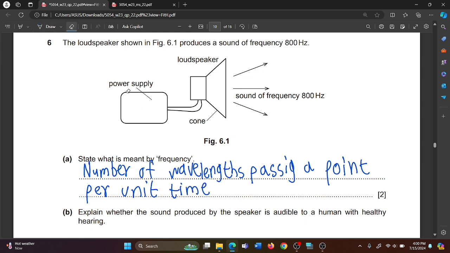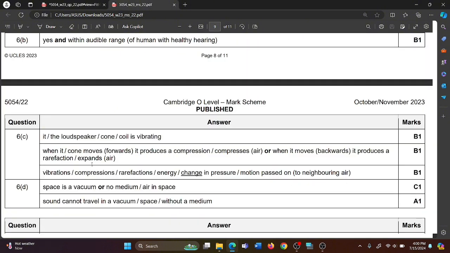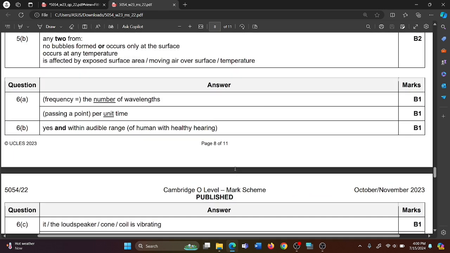I guarantee you, by writing this definition, you will be getting full marks. That is 2 on 2. There are 2 marks. The first mark is for the number of wavelengths, and the second mark is for per unit time. Let's look at the mark scheme. Yes, in the mark scheme, 6A says the number of wavelengths, 1 mark, per unit time, second mark. So we got 2 on 2.